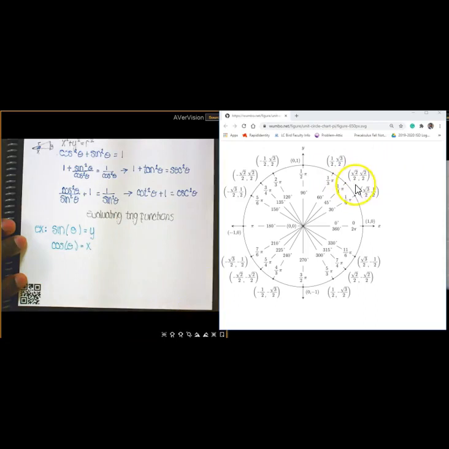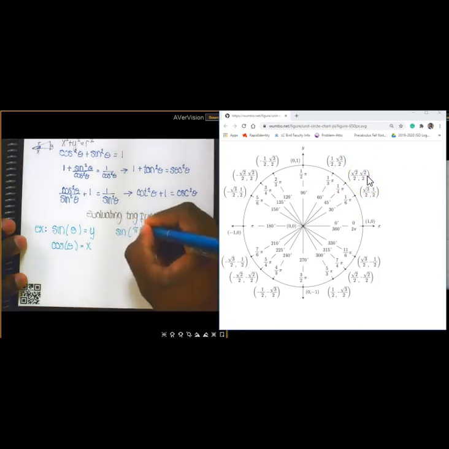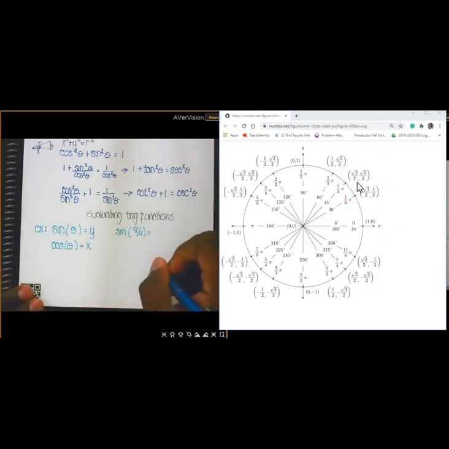So over here we see x and y, right? Now if I ask you to find what sine of pi over 4 would be, you go to pi over 4, sine is which value? So what would this equal? Yeah.